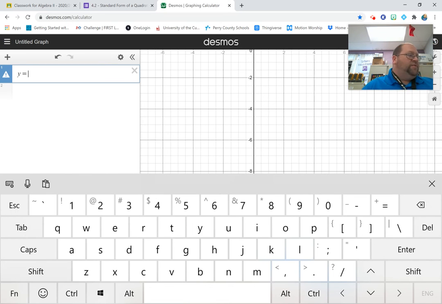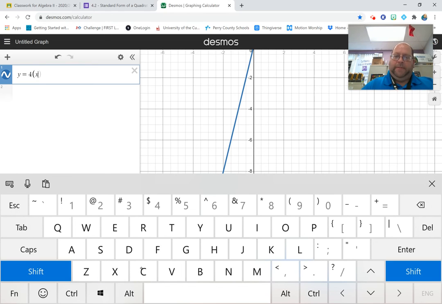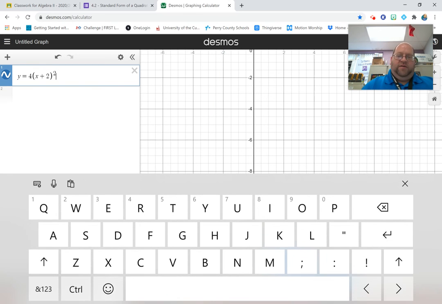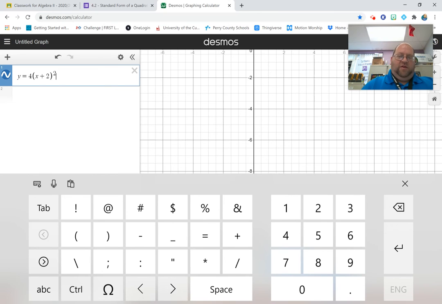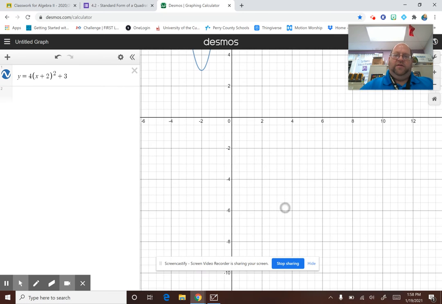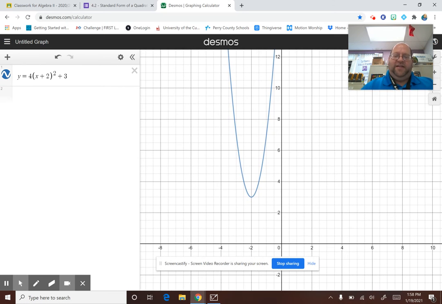Y equals, and again, we had 4, parenthesis, x plus 2, and that was squared. And then we had plus 3. So let's take a look at that. See if we can find the graph, and there it is.